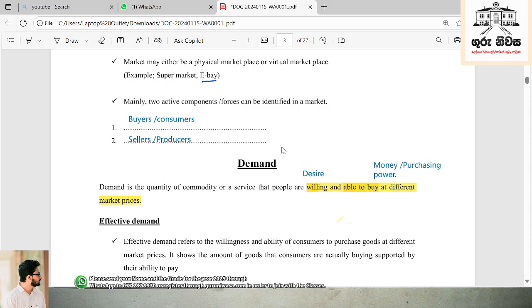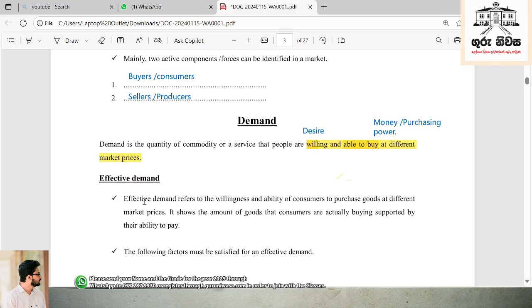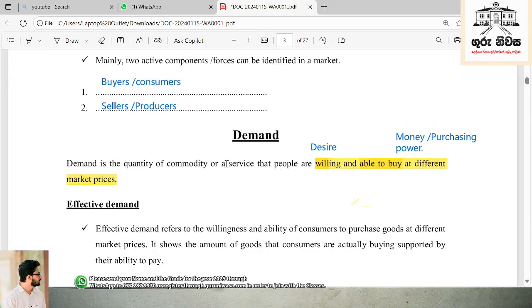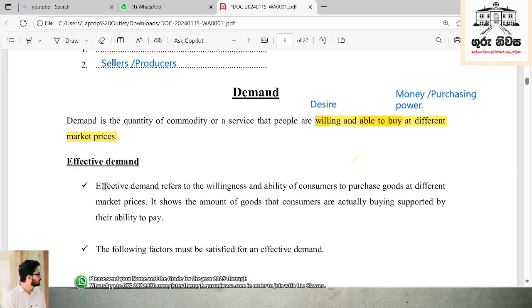As I told you, normally these market prices are required when defining it. Any doubt, Kalana, Dipna? No, sir. Right. Next one, lamai.